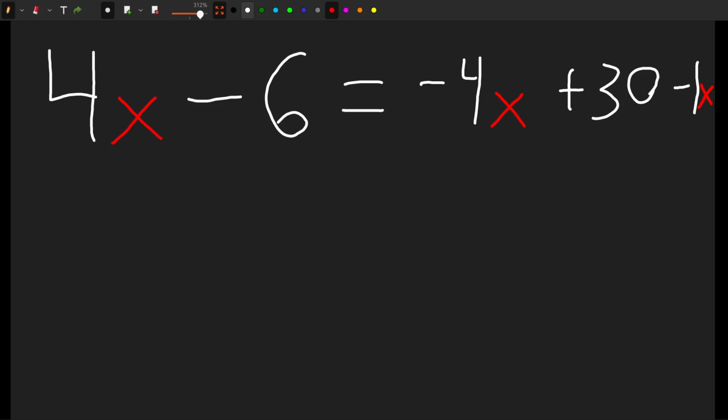Okay. So the first step we need to do is we need to simplify each side completely.